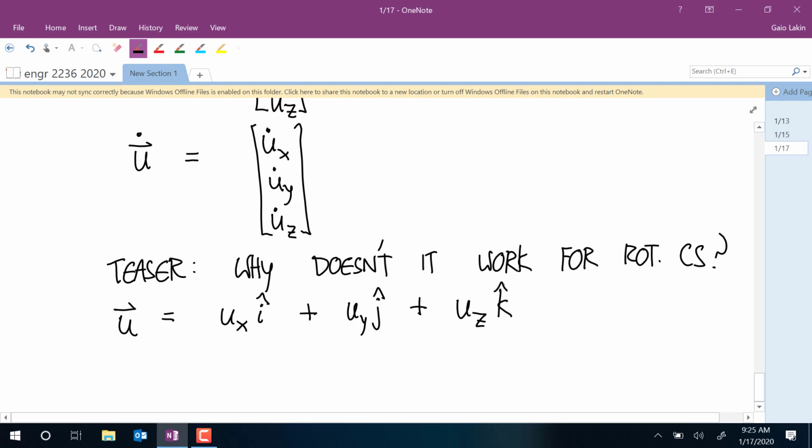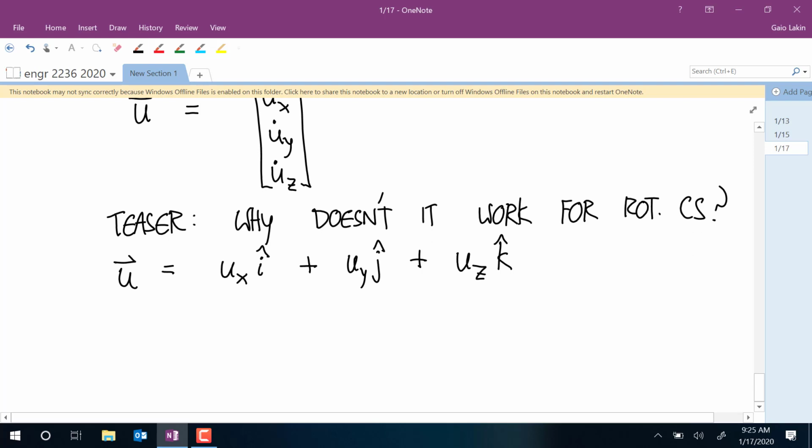Okay, everyone's seen that notation before, right? So when you take a time derivative, these are products, so you have to use the product rule. And so what you get is ux dot times i, right?